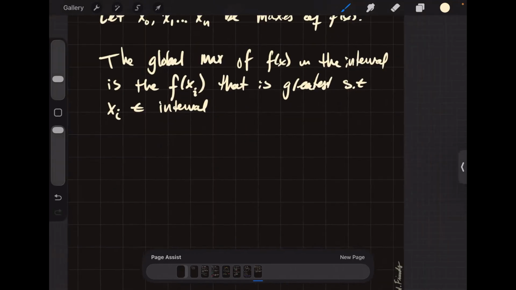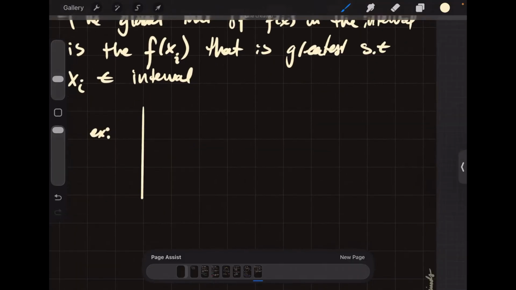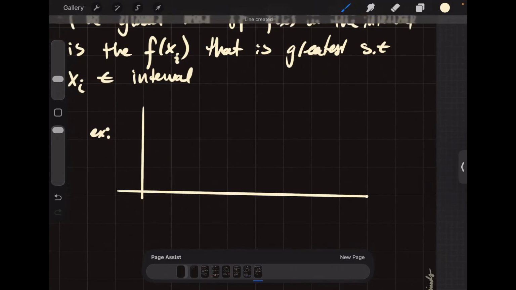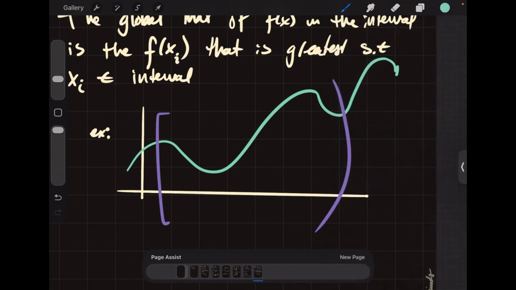Okay? So for example, let's do an example. Let's say that this is your function. It's like, wee, right? And then do another one. There we go. Right? And your A cuts off here, and your C cuts off here, right? And you have maxes here.